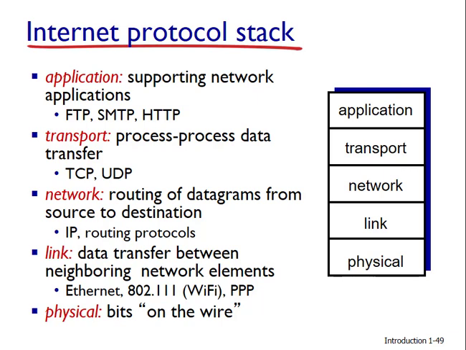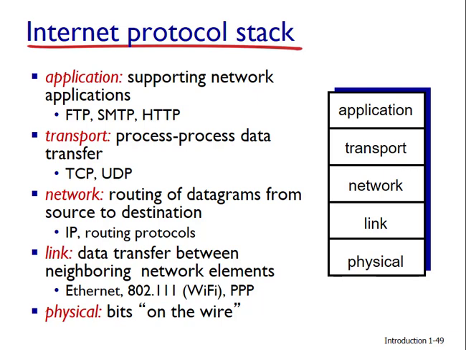For example, a datagram may be handled by Ethernet at one link and by PPP on the next link. The network layer will receive different service from each of the different link layer protocols. In this course, we'll refer to the link layer packets as frames.